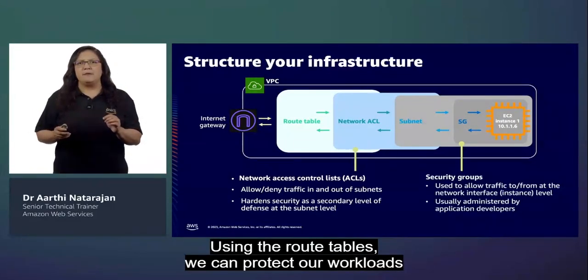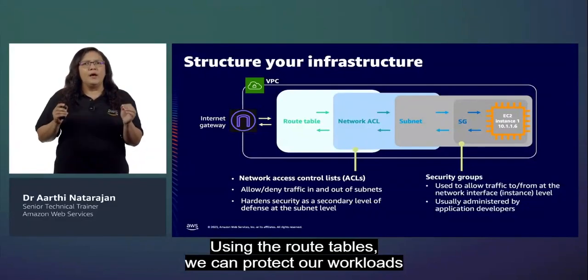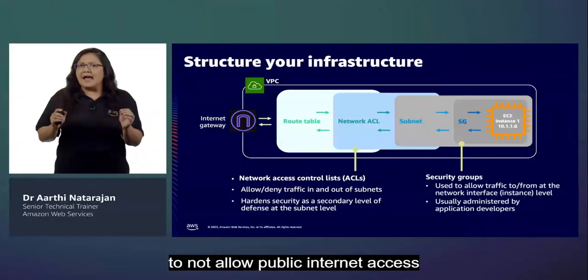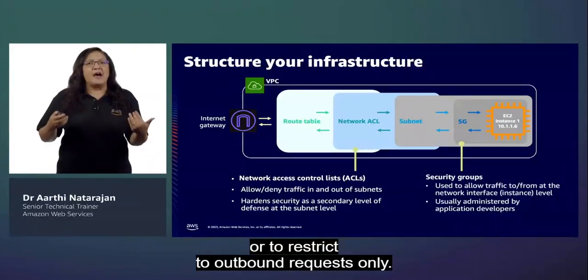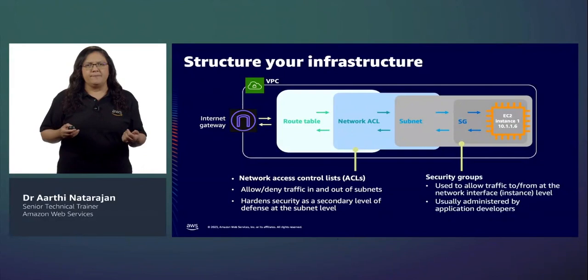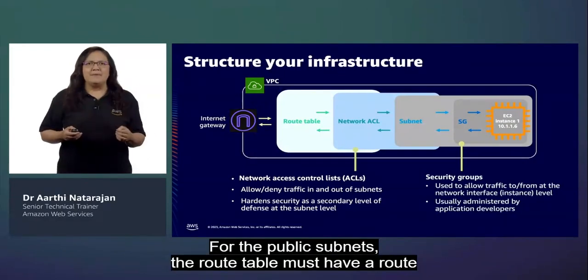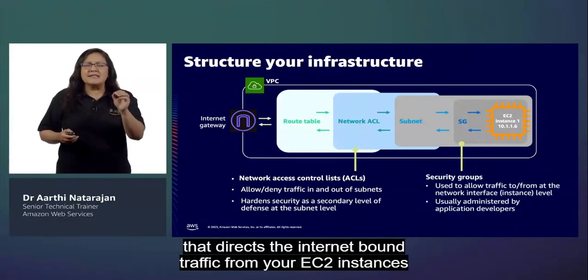Using the route tables, we can protect our workloads to not allow public internet access or to restrict to outbound requests only. For public subnets, the route table must have a route that directs the internet-bound traffic from your EC2 instances to the Internet Gateway.